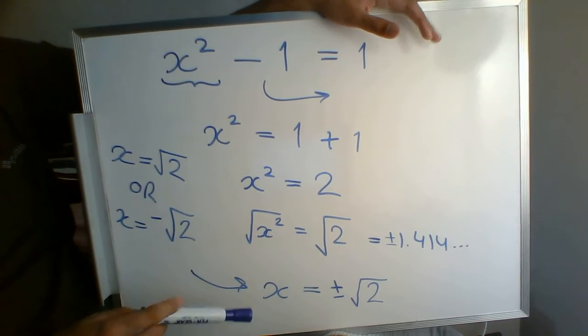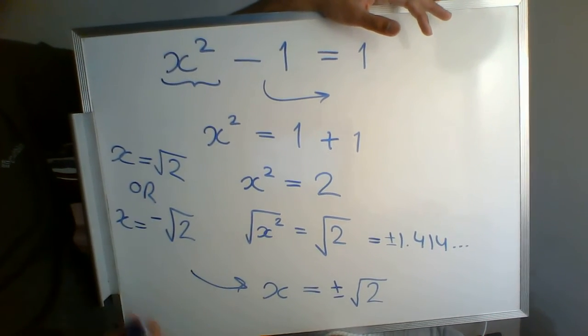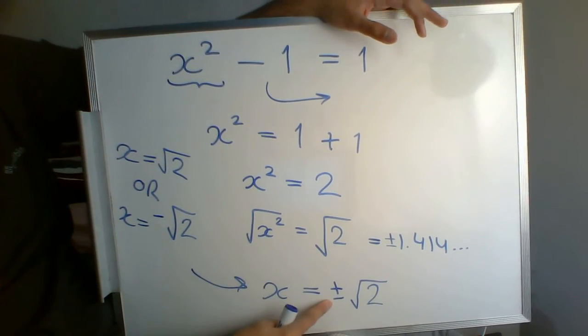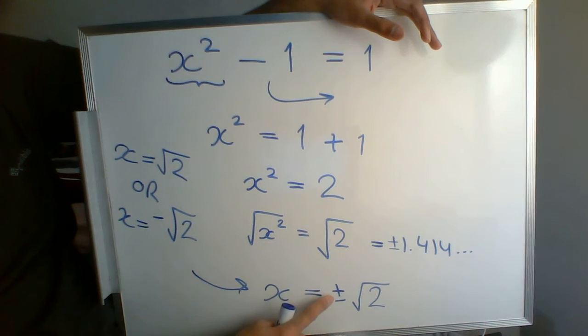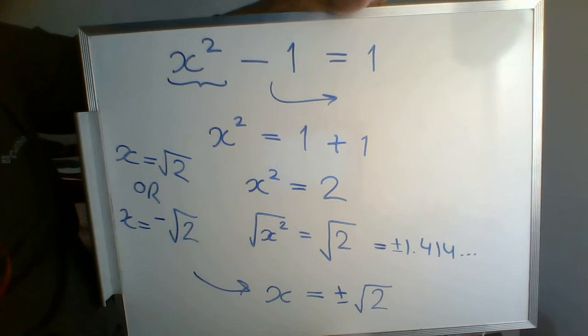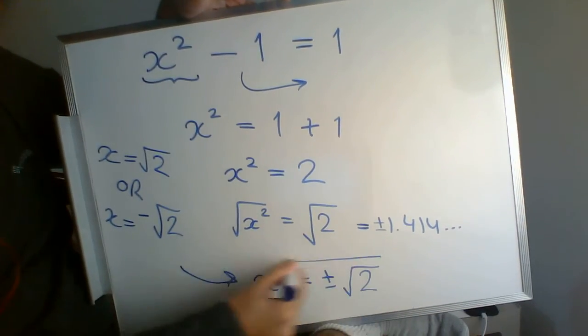And the only thing you can do to improve on that when you're writing it as x equals something is, because we've taken the square root and there's two answers, a positive one and a negative one, just throw in that plus minus sign right in front. Alright, hopefully that makes sense. This would be our final answer for this problem.